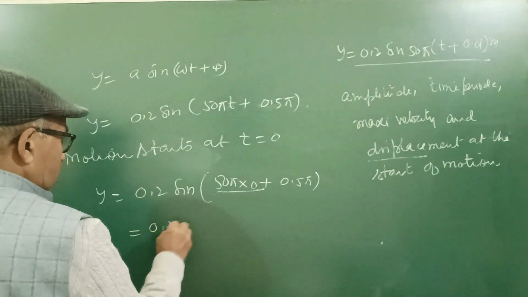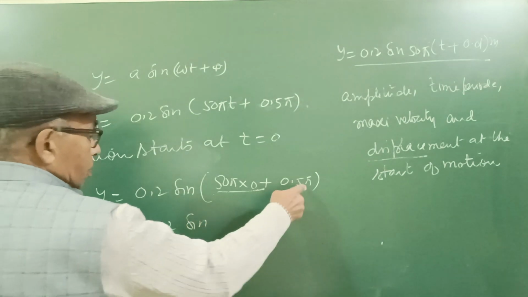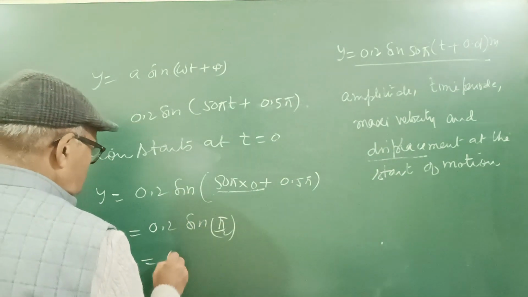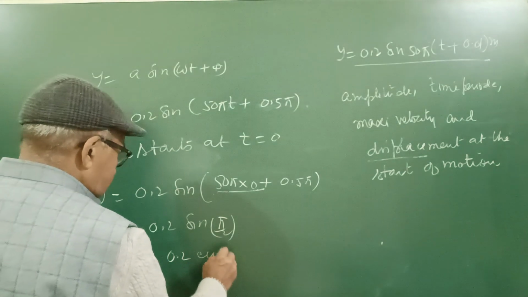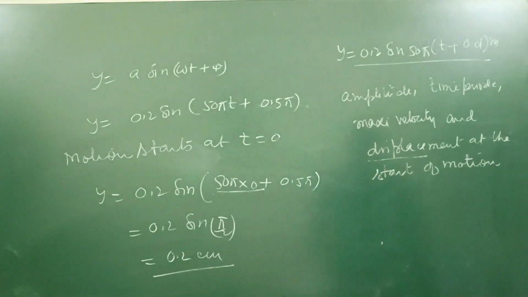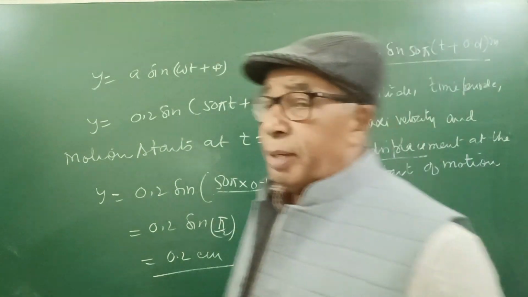So 0.2 sin(pi by 2), and sin 90 is 1, so y is 0.2 meter. It means the motion started from the extreme point; it was at the amplitude position.